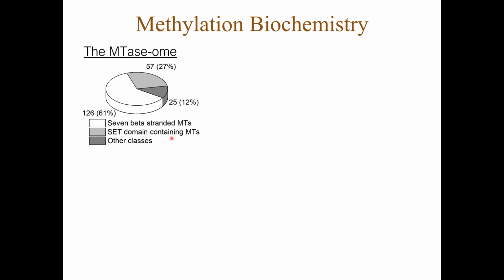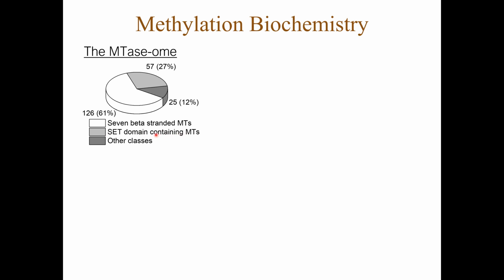So the most famous group is probably this SET domain containing enzyme group. So these SET domain enzymes, they are mostly lysine specific methyltransferases that function in chromatin biology. So they methylate these flexible tails in histone proteins and act as determinants of chromatin compaction and gene activity.